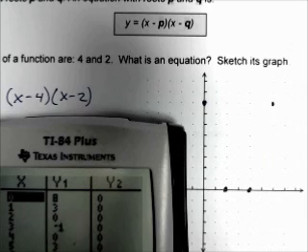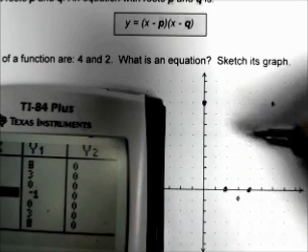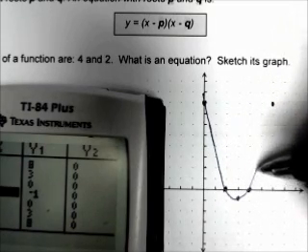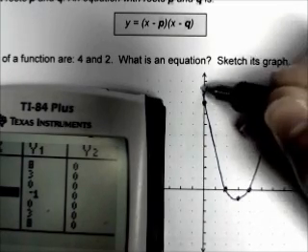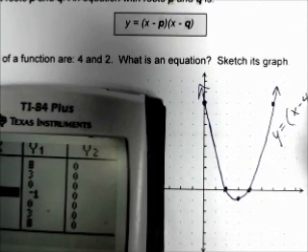And is there a turning point? Yes. At 3, -1 is our turning point. That's good enough. Just use these 5 points to sketch our graph. Here we go. So this would be y equals x minus 4 times x minus 2.